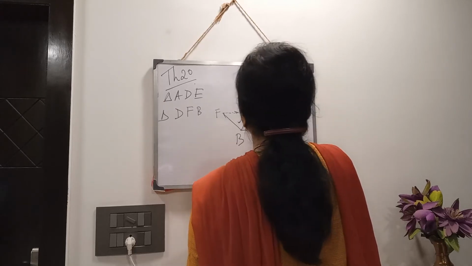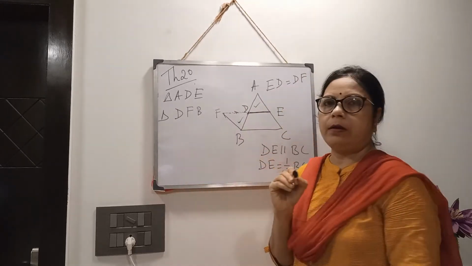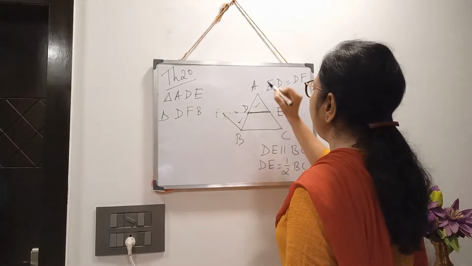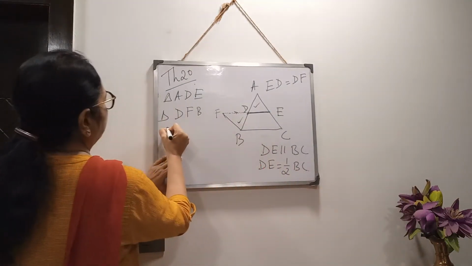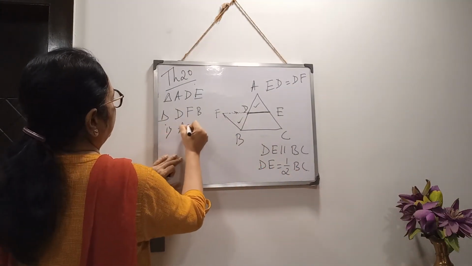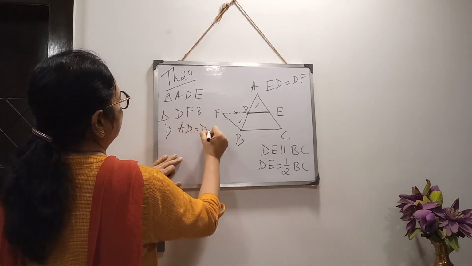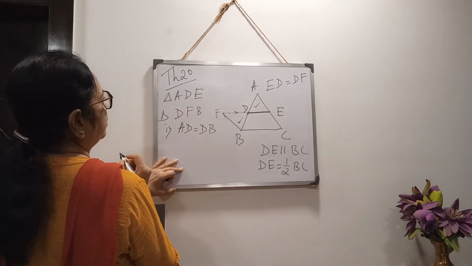Clear? Now, D is the midpoint of AB, so from here we can write AD equals DB.